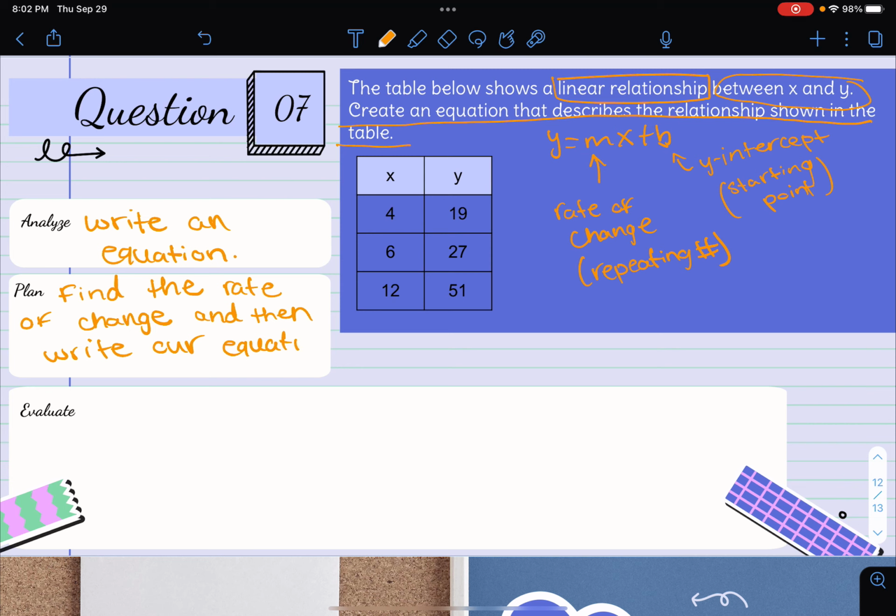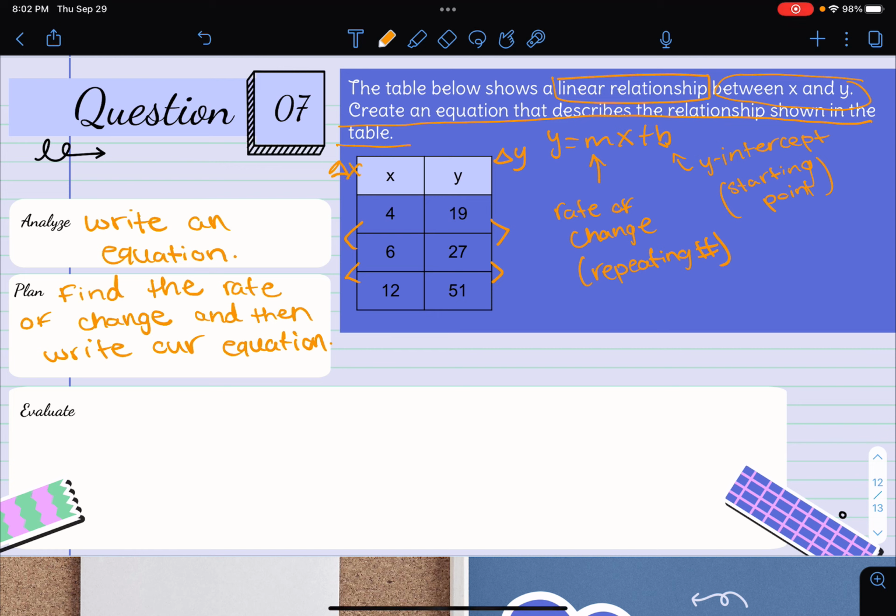Okay. So let's start by finding our rate of change. Okay. So what we're going to start by finding our change of y and our change of x.